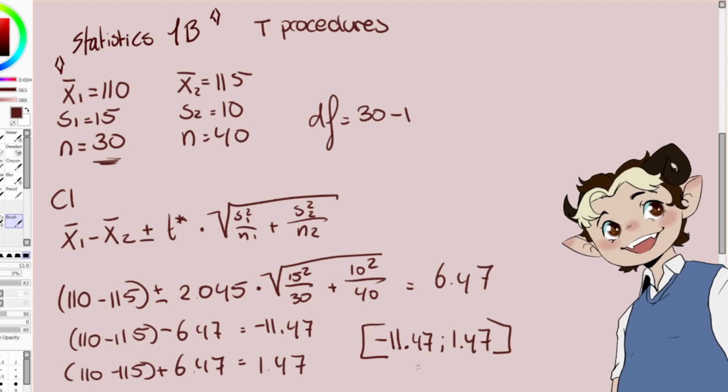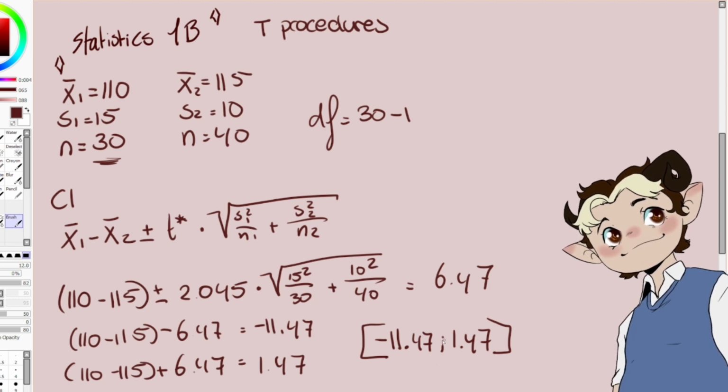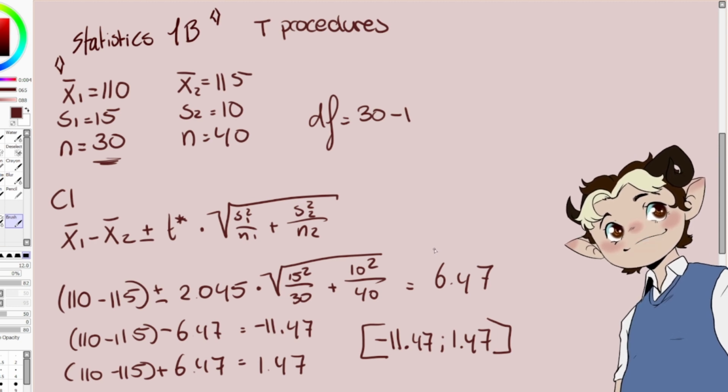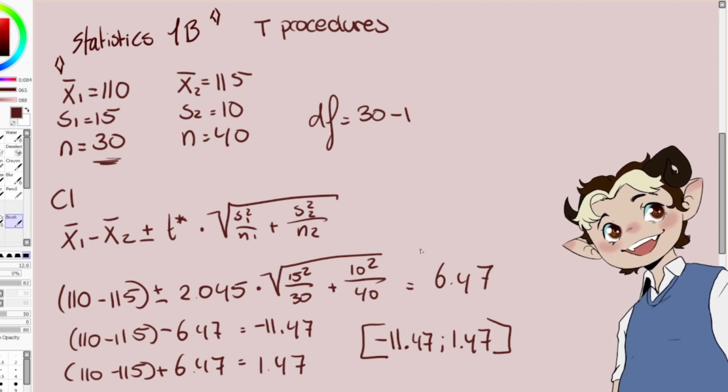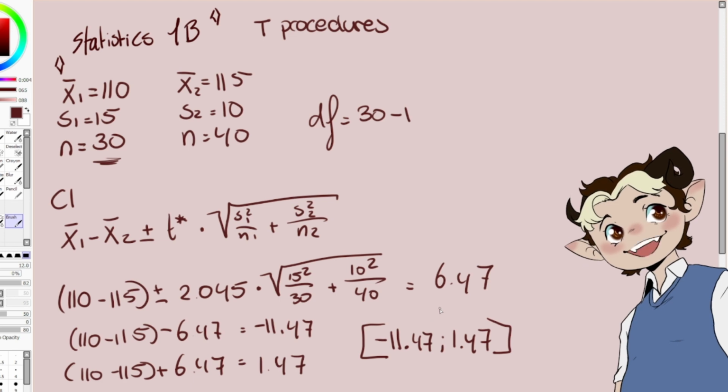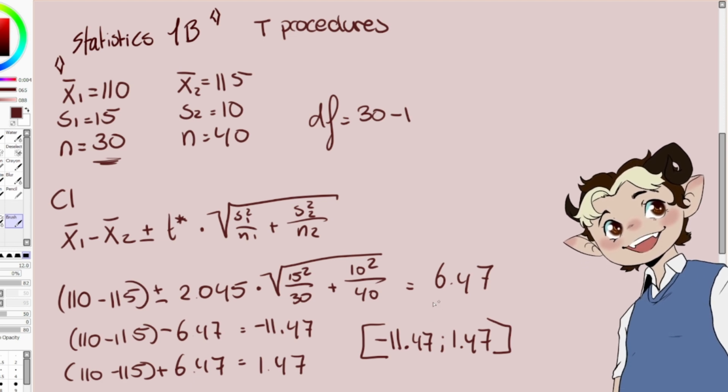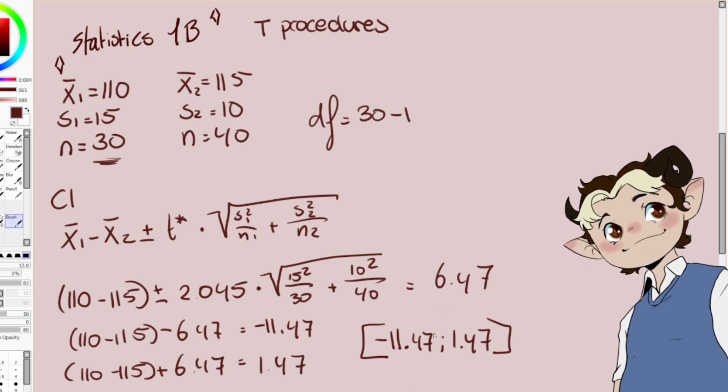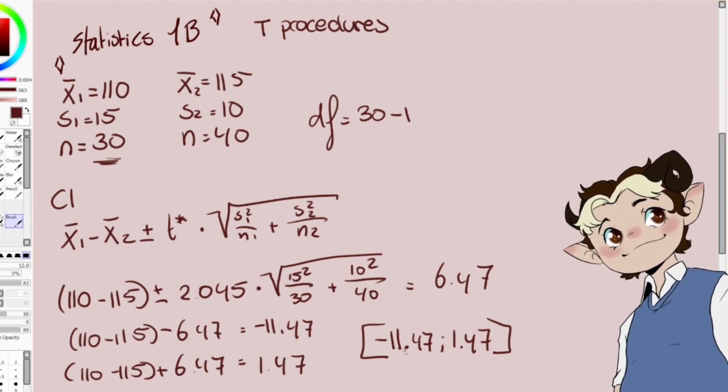We see that 0 falls in between this interval, which would also correlate with our significance test, that we see that it's not significant because we can say with 95% confidence that the 0 falls in between this interval. So there is just a chance that there is no difference between the two.